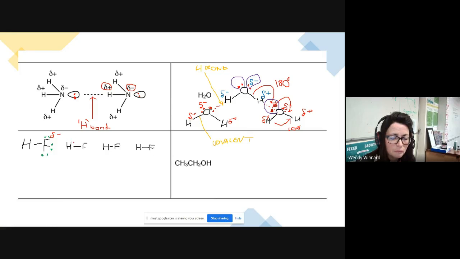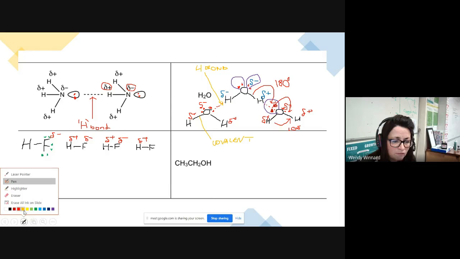So put your dipole on, delta plus, means it's lacking electrons. Fluorine delta minus, hydrogen delta plus, fluorine delta minus, hydrogen delta plus. So you're getting the idea. You must show the hydrogen embedding itself in the lone pair.